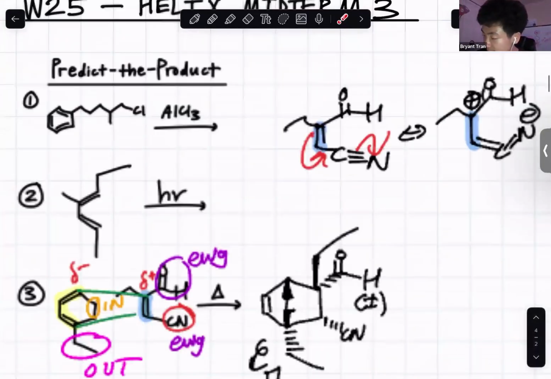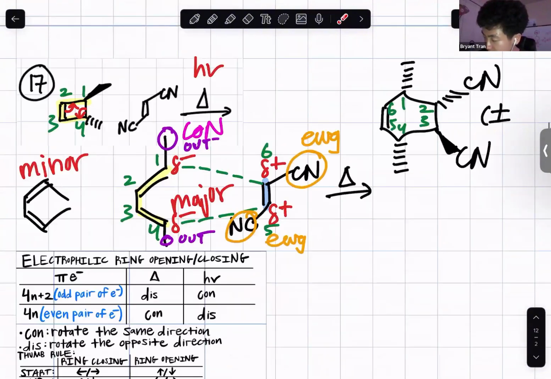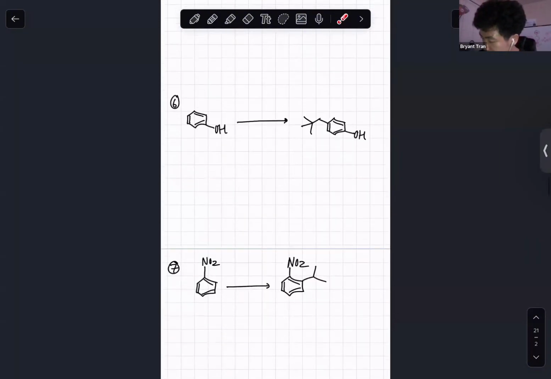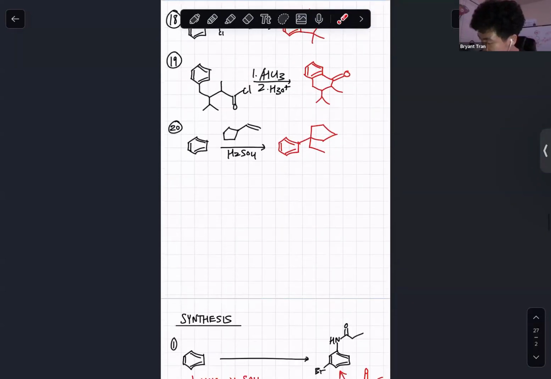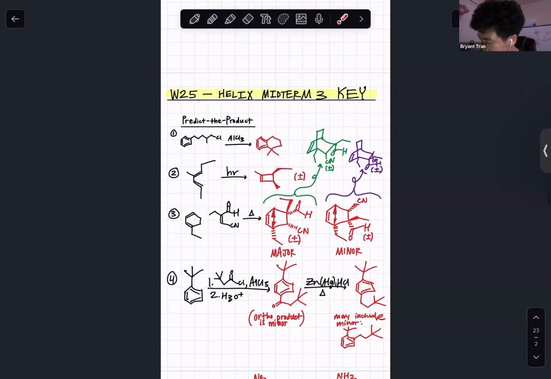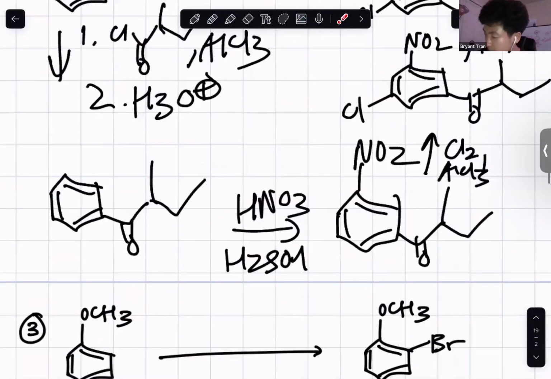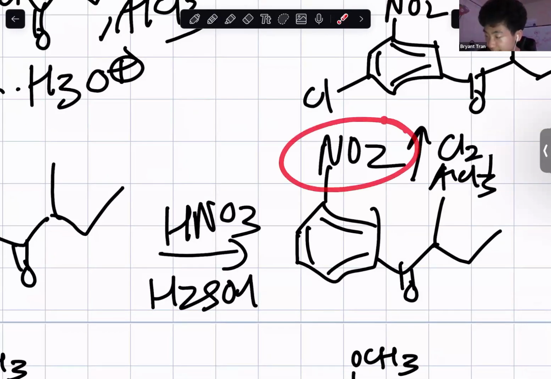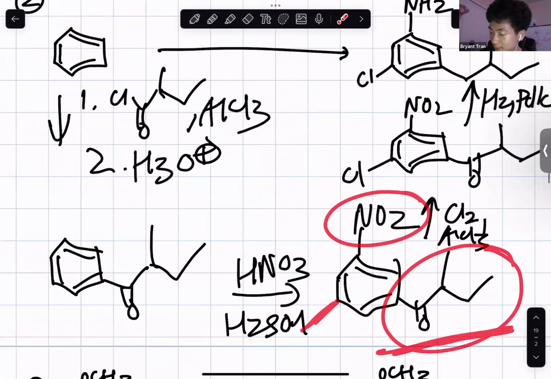Right, so if we go back to the synthesis panel here, when we're comparing this strong EWG to this moderate EWG, the directing group would be the weaker EWG, which is this one here. But it doesn't really matter because they're both meta directors, and meta to that is here.